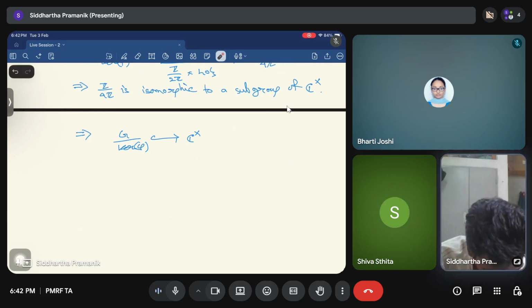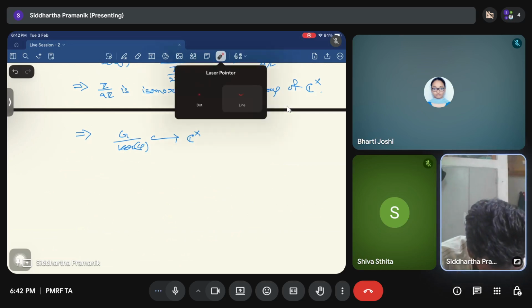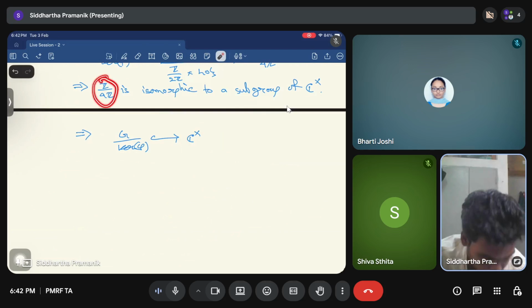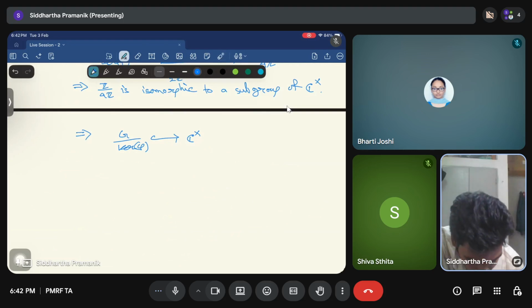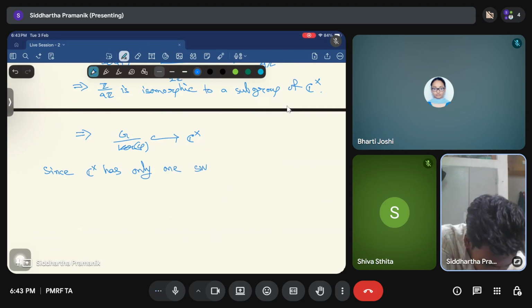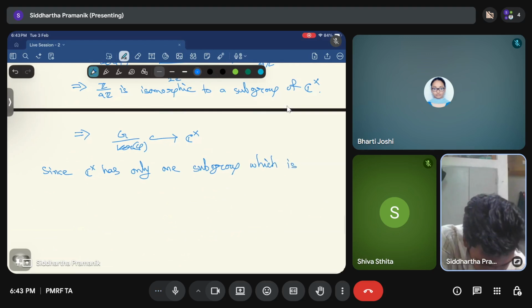So C cross contains a subgroup which is isomorphic to Z mod 4Z, and we need to count the number of automorphisms of Z mod 4Z, because C cross has only one subgroup isomorphic to Z mod 4Z.